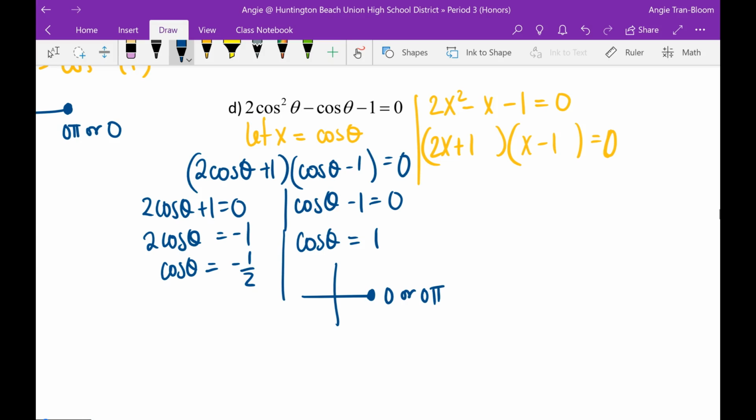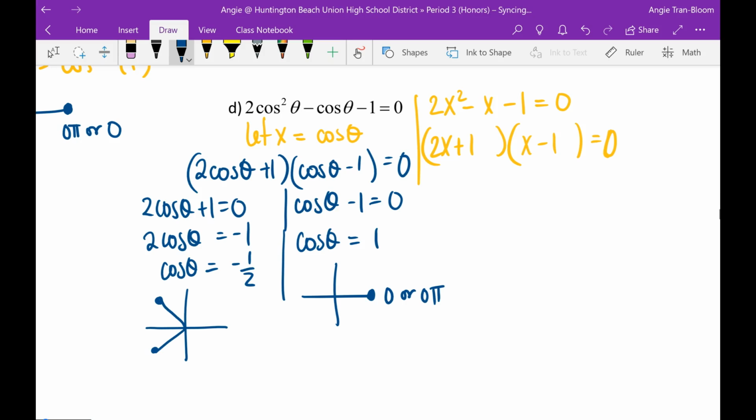Okay. Over here, how many quads? 2. What quads? Quad 2 and 3, because it's negative cosine. So determine the quads and then determine the angle. What angle in 2? 2 pi over 3?